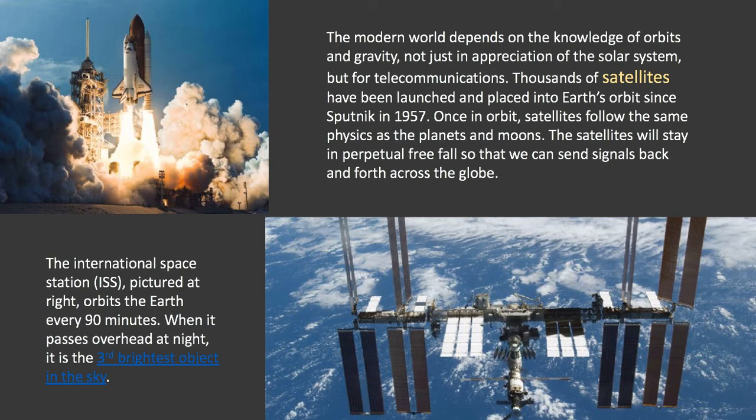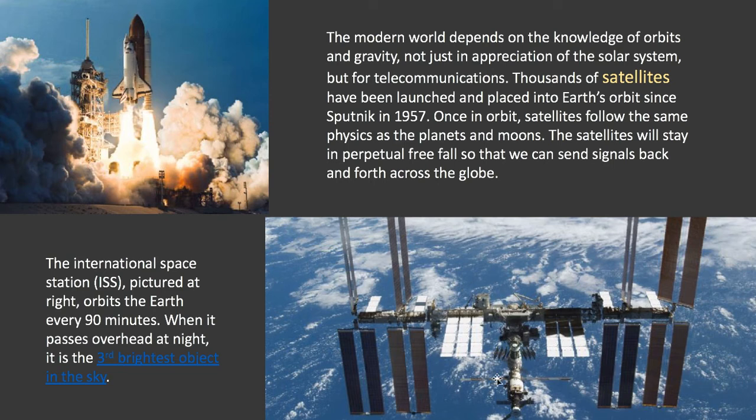Essentially, we're doing Newton's little experiment, except we're not throwing a rock off of a mountain. We're blasting a satellite into space and giving it a push and putting it into this perpetual free fall, this orbital motion. And since 1957, we've been putting things into space, and now there are thousands of satellites in Earth's orbit.